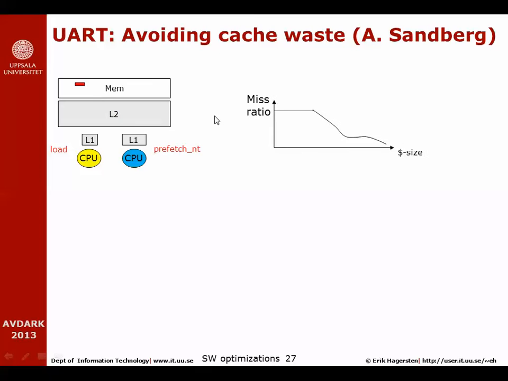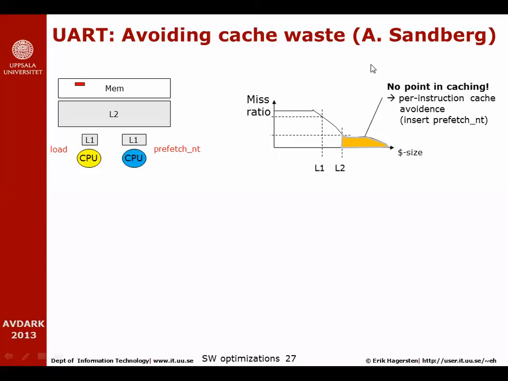If we have the same kind of miss ratio curves as we have looked at several times now in this software optimization part of this course, and we had that kind of information about each application, and we know the size of the L2 cache as well as the size of the L1 cache, we could look at those curves and ask ourselves: which instructions make accesses to data that has too bad a locality property for being accessed again while it resides in the L2 cache?